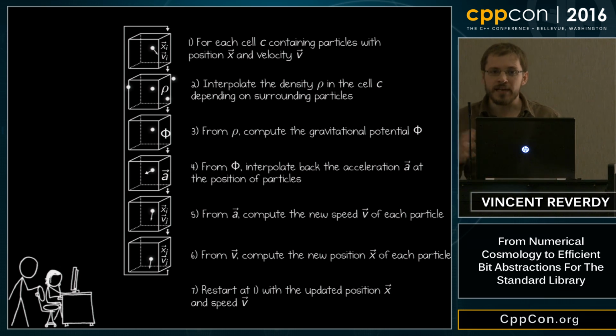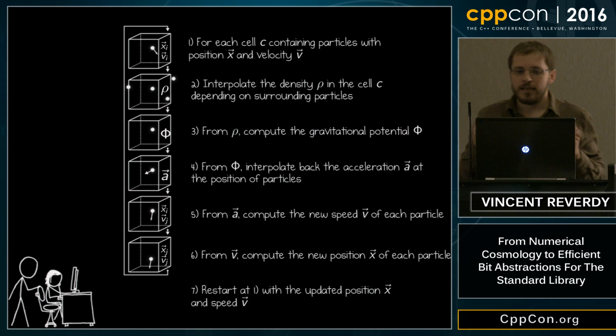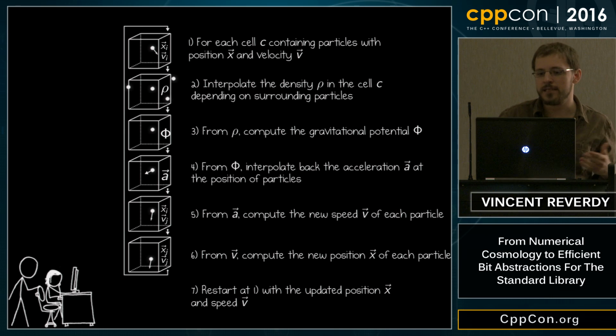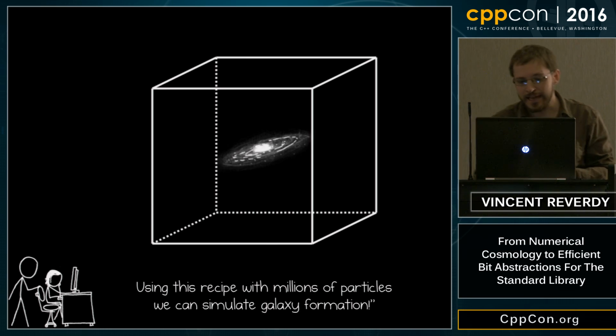Then from phi, we can interpolate back the acceleration at the position of particles. From this acceleration, we can compute the new velocity of the particles. And from the new velocity, we can compute the new position. And doing this, step after step, we can see the particles moving. And using this very simple recipe, we can form galaxies in simulations.